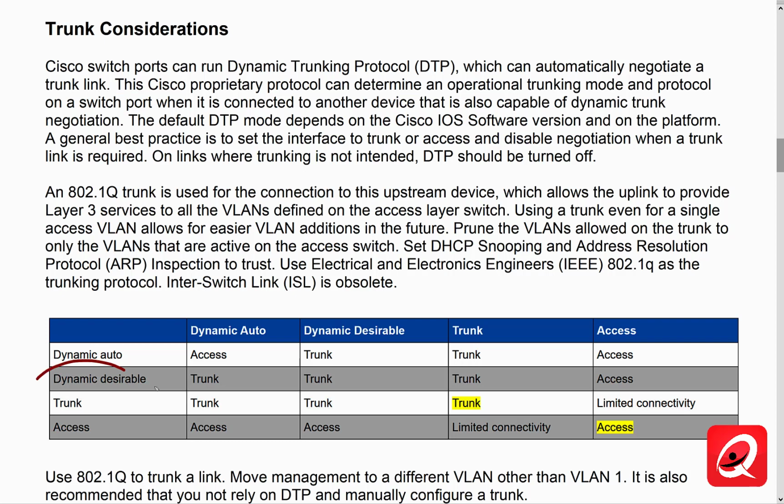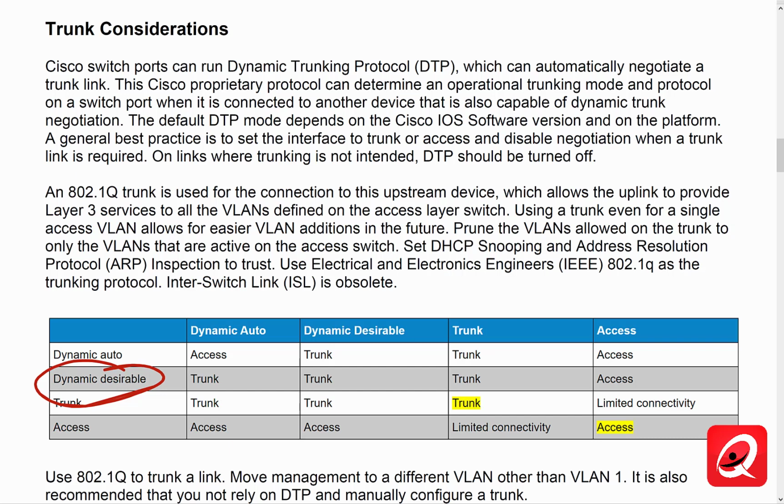And desirable is where the interface will actually make an attempt to negotiate the interface as a trunk by sending out DTP messages. And if the other end of the link accepts those DTP messages, we can negotiate the interface to be a trunk.